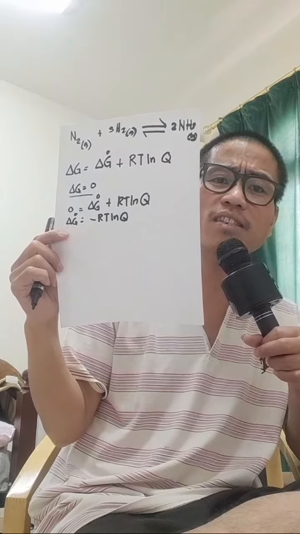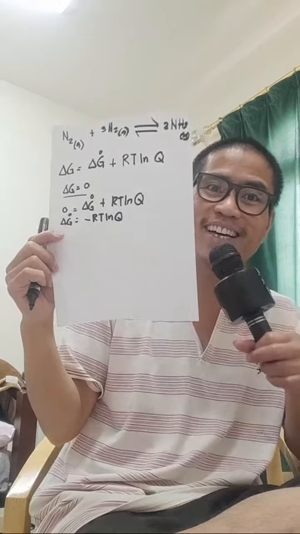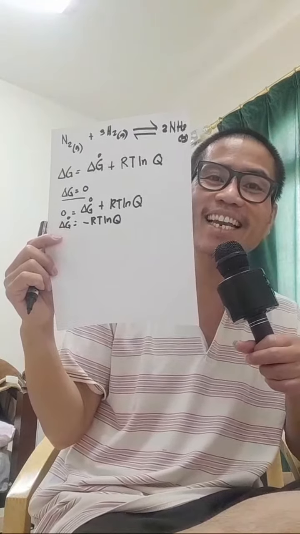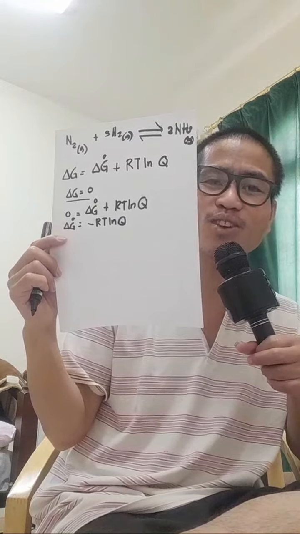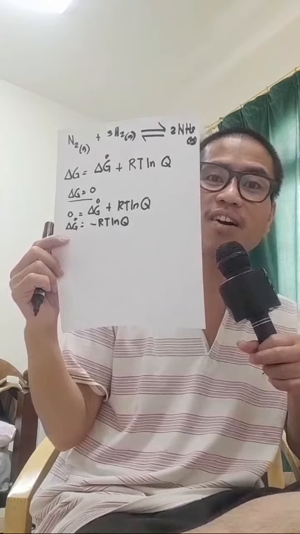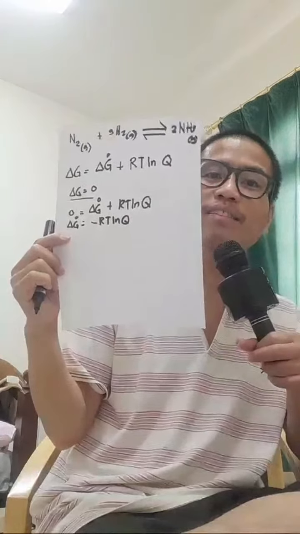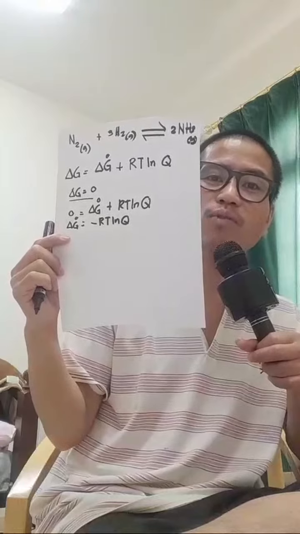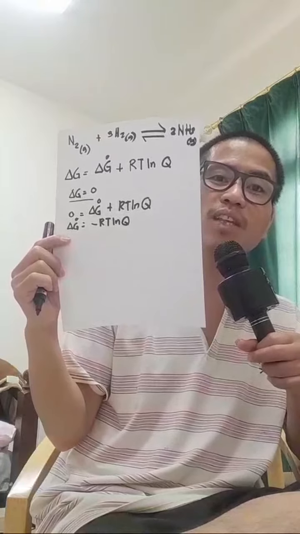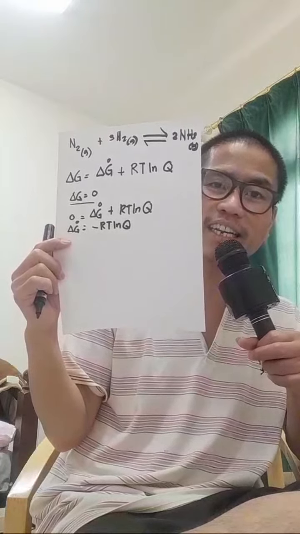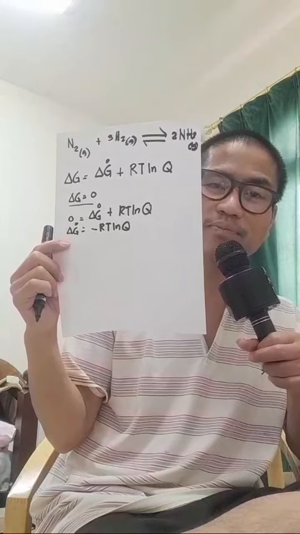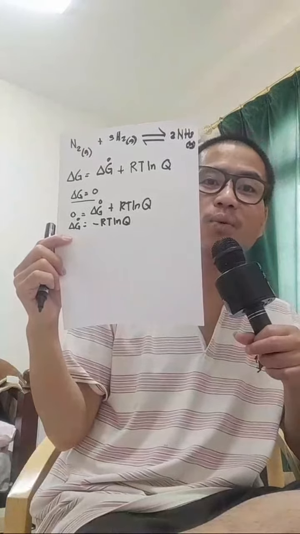It is a constant used in ideal gas law equations, especially for gases only. But take note, most of the time it cannot be used for real gases or non-ideal gases. You should use the van der Waals equation.